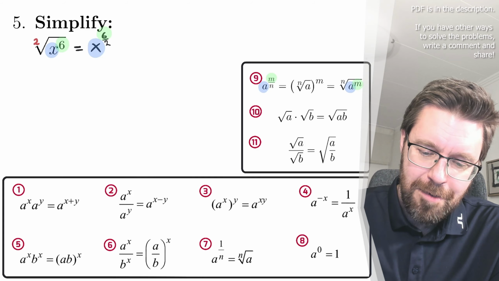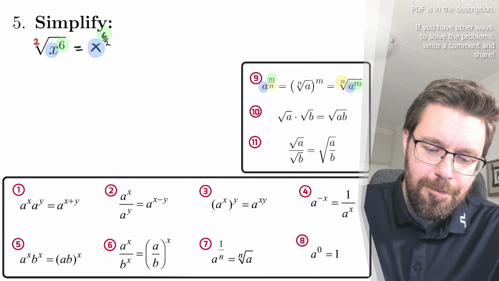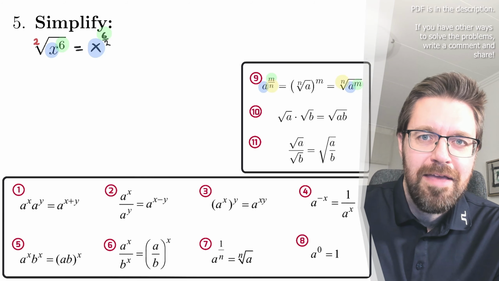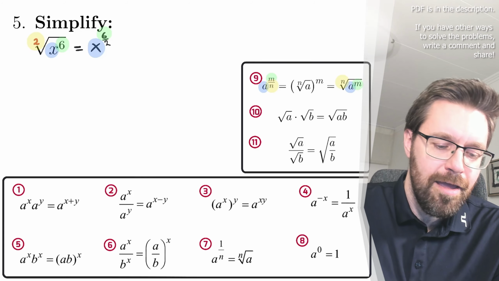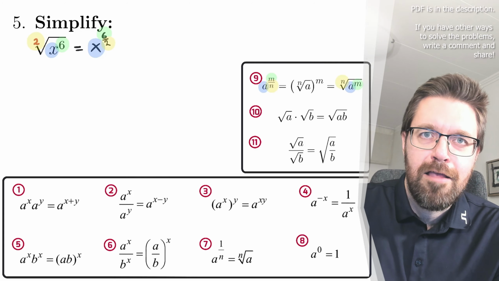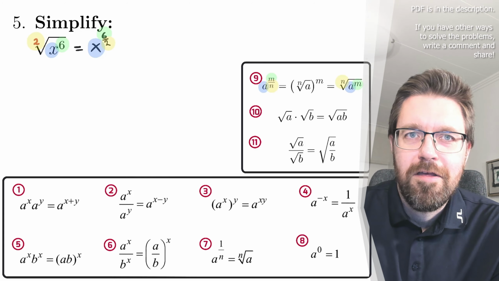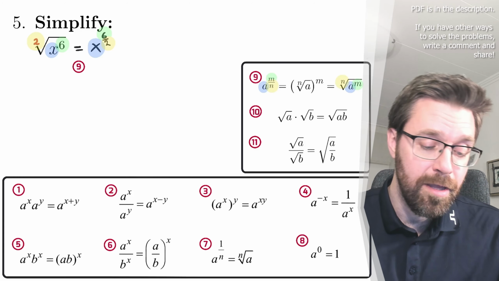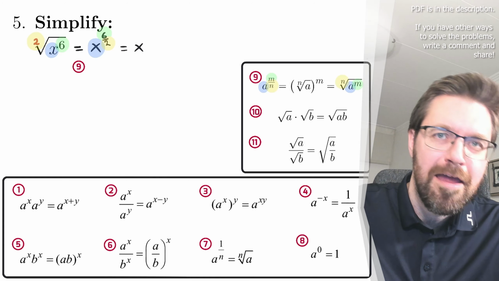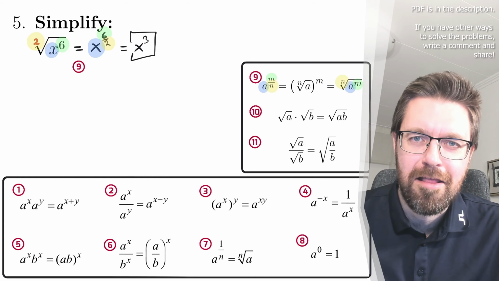And then the nth root becomes the denominator in the exponent. And we have the invisible number 2 here, and then it must mean that the exponent in our case is 6 divided by 2. So this is rule number 9. Now it equals, of course, x raised to 3. And this is the answer.